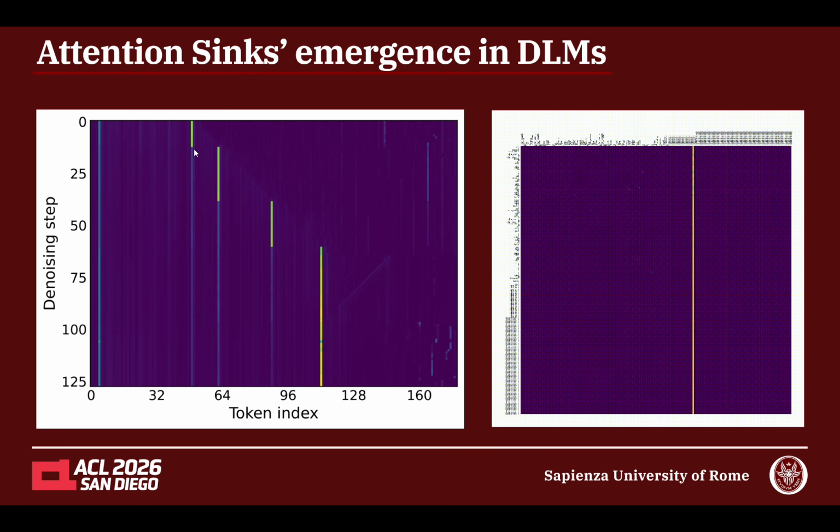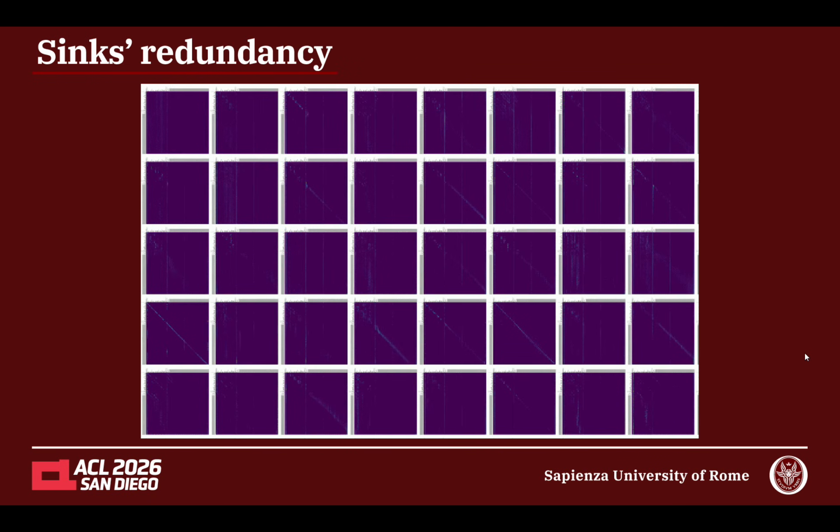So from noising step, let's say, 15 to 16, the most attended token jumps from one position to the other. And we can clearly see this in the GIF to the right, where the brightest line moves from right to left. Note that this is for LLaDA and this is for Dream, but we will get into the details of each model in the next few slides.